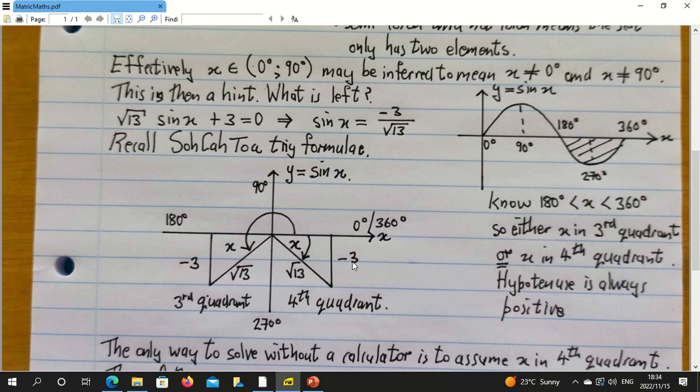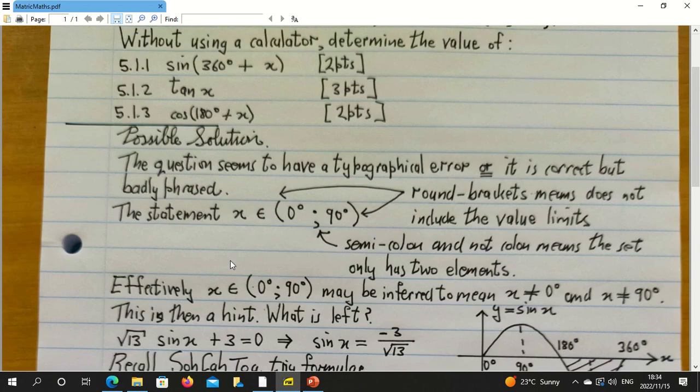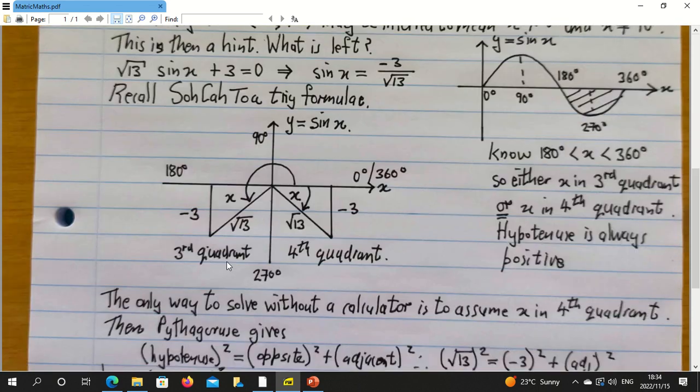Opposite, minus 3 over root 13, or minus 3 over root 13. If x is in the fourth quadrant, you just use the negative angle. If x is in the third quadrant, you would have to use the obtuse angle. So the question says without using a calculator.